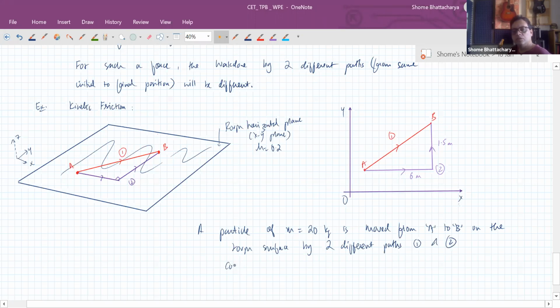Okay. So you want to calculate the work done by kinetic friction in each path. Okay. So just take down the question. I'll explain to you how this is done.